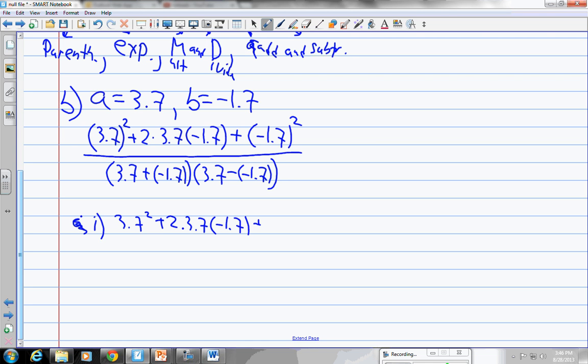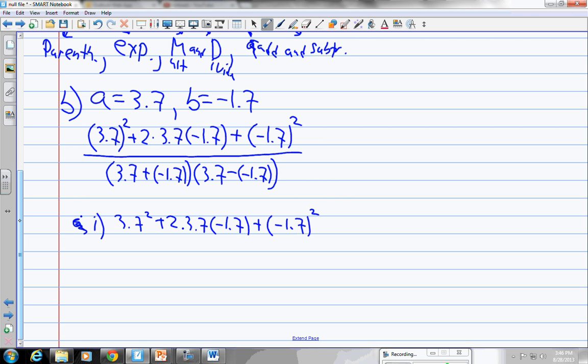I'm just taking it separately. So how do you square 3.7? Well, multiply by itself. So, or just 37 times 37, and then remember, keep track of 2 decimal places, right?